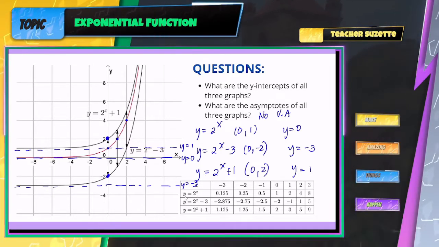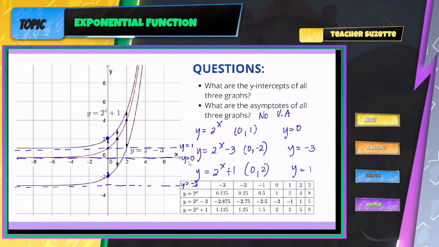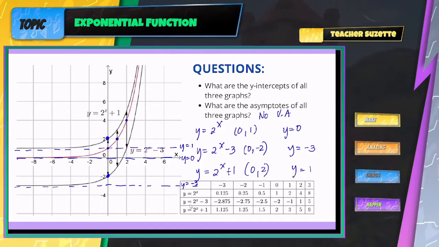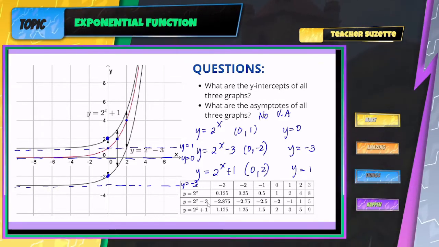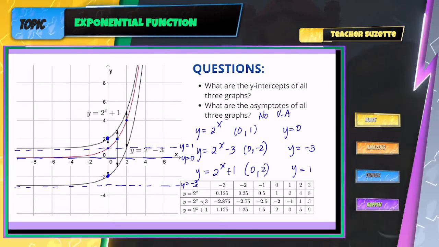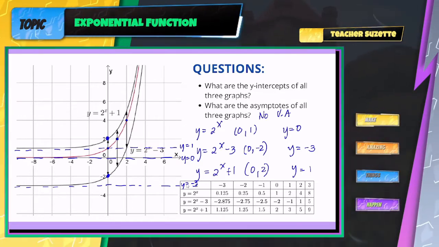Now, if we compare the behavior of our horizontal asymptote with respect to its functions, we observe that y is equal to 2 raised to x has horizontal asymptote 0. Compared with the graph y is equal to 2 raised to x minus 3, the horizontal asymptote is negative 3, so it shifts 3 units down.